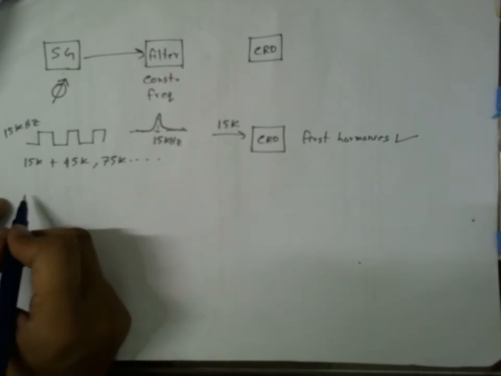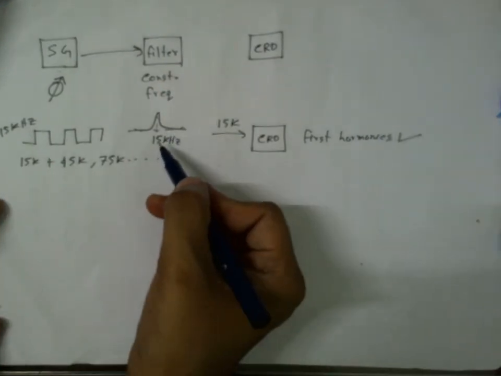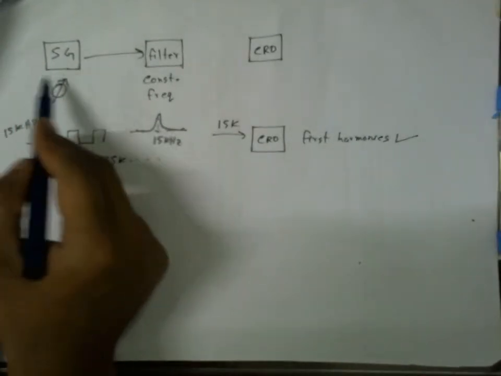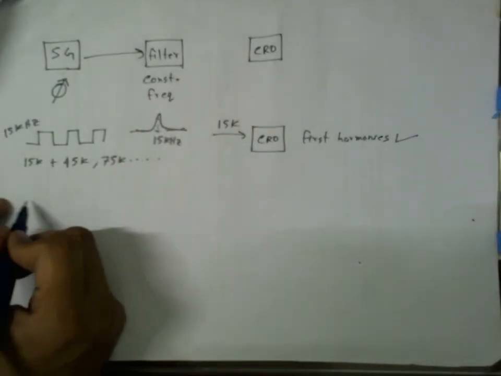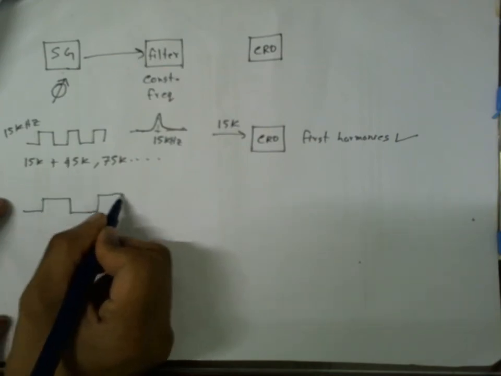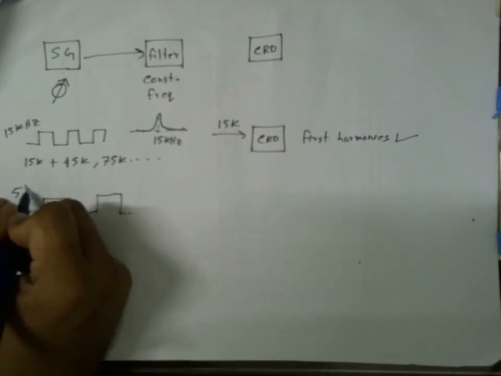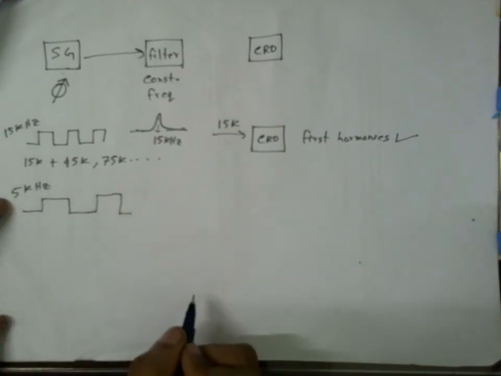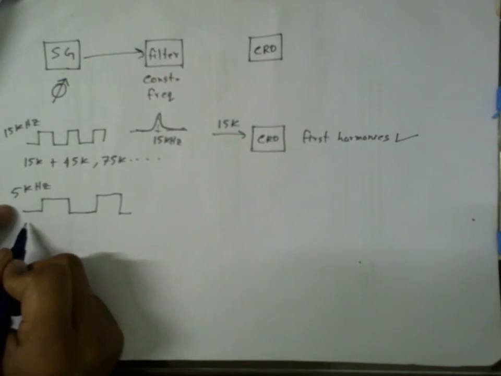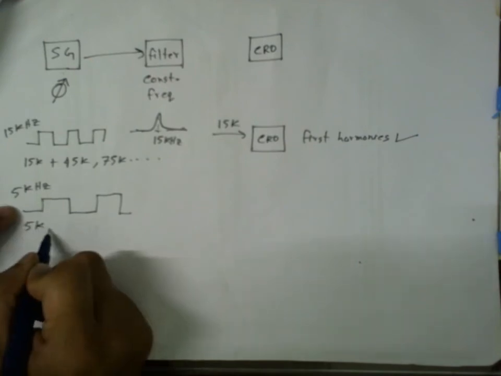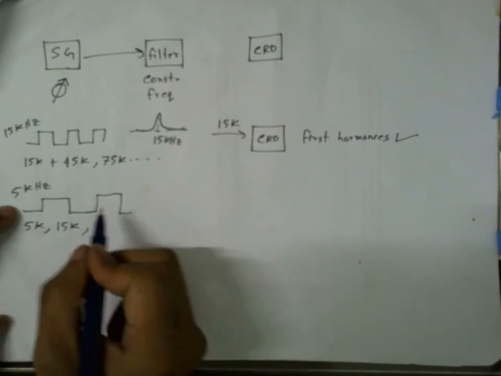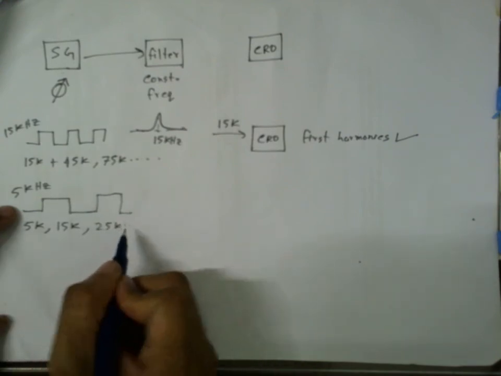Next, since I cannot change the frequency of this filter, I will rather change the frequency of this signal generator and make it, say, a lower frequency, something like 5 kilohertz. Now it is a composition of a 5 kilohertz sinusoid plus third harmonics, meaning 15 kilohertz, then fifth harmonics, meaning 25 kilohertz, and so on.